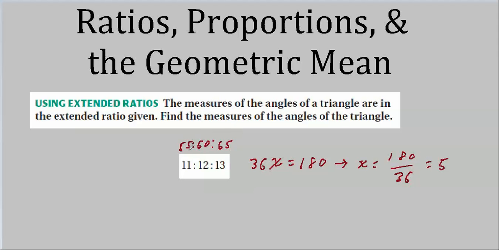So I think you see what we're doing here. When we have to jack these numbers up to get them to fit into some total, these are the reduced ratios. Now we have to unreduce them, so to speak. We got to go back the other way. For instance, if you were given these 55, 60, and 65, you're given a triangle and asked what are the ratios of the angles.